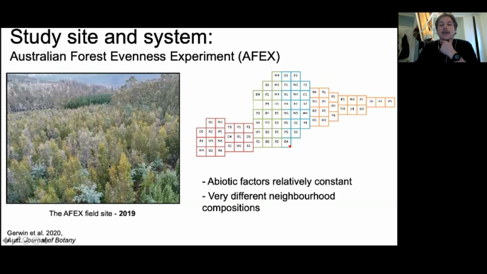The AFEX provides a really ideal opportunity to explore the role of neighbourhood composition and neighbourhood effects on tree growth and tree survival, because abiotic factors are held relatively constant across this site, with similar soil type and the same climate. But there are vastly different community compositions between the different treatment plots. So the effect of neighbours can be more easily isolated and teased apart.